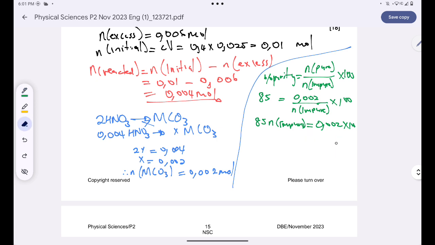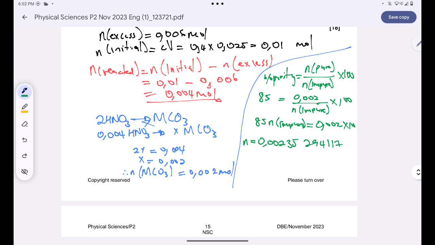It's too much because I don't want to round off. The number of moles impure, let's just say N is equal to 0.002235294117.